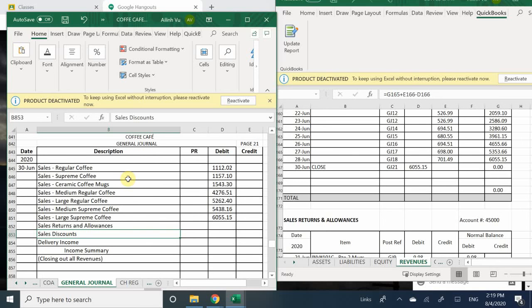Only revenues and only expenses, because permanent accounts you can never close. Why? Because they still hold a value. For example, your bank. Are you going to close your bank account? No. Exactly.